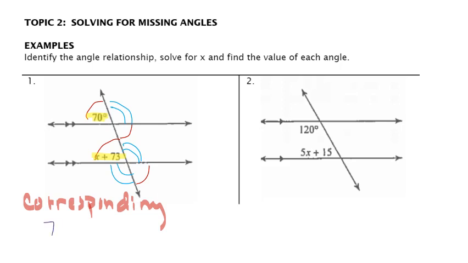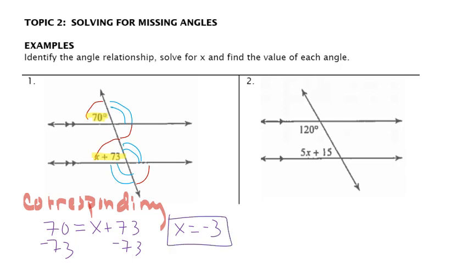So I have here 70 equals x plus 73. We're going to subtract. I get -3, which I'm not allowed to have for an angle measurement, but I can definitely have for a value if I need to, because if I substitute it in, I'll get a positive angle. And if I wanted to find what the value was, I could substitute it in, but I also knew already it was going to be 70 degrees because they're the same.